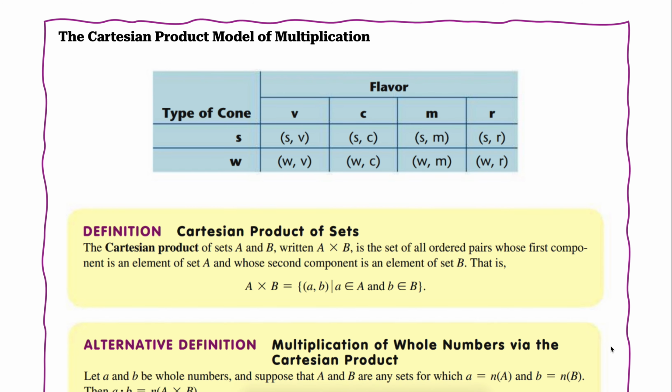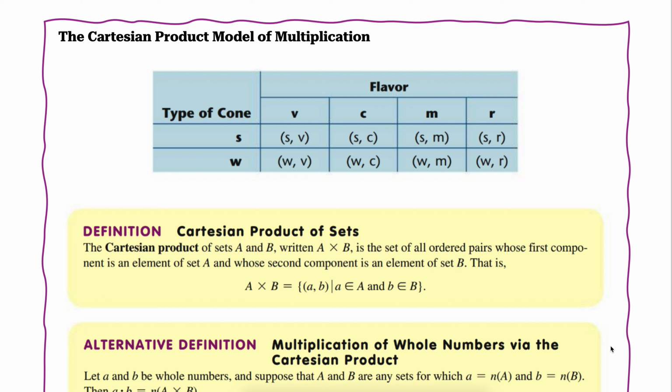And finally, I have the Cartesian product model of multiplication. So here we've got types of cones. You could have a sugar cone or a waffle cone. And then there's flavors of ice cream. So we've got vanilla, chocolate, the M can stand for mint, and let's call the R raspberry, okay?